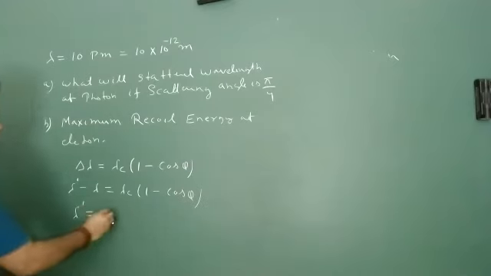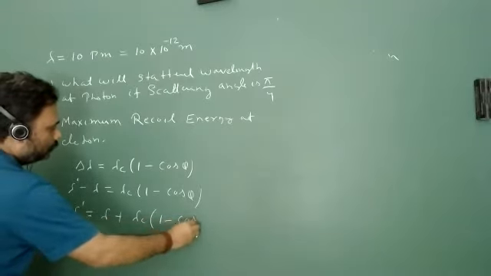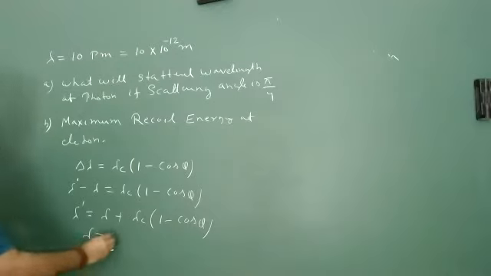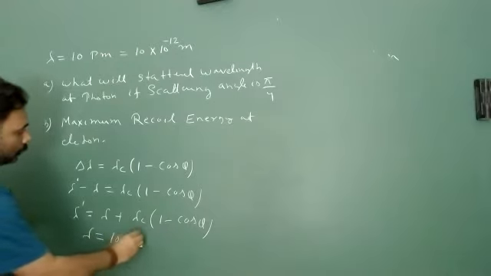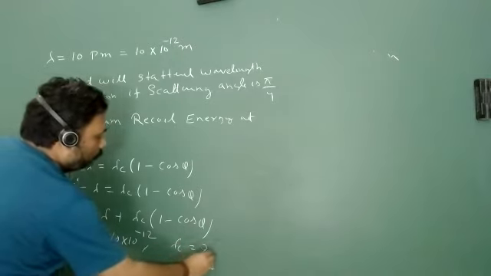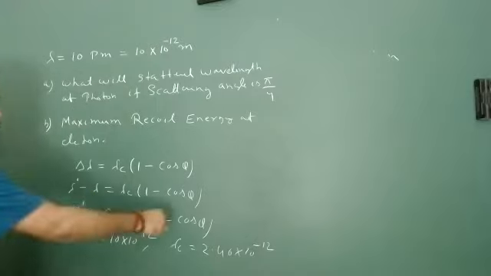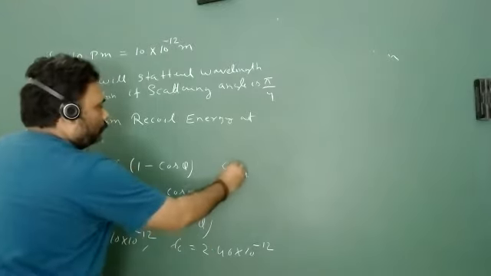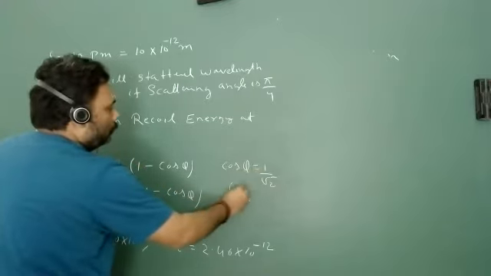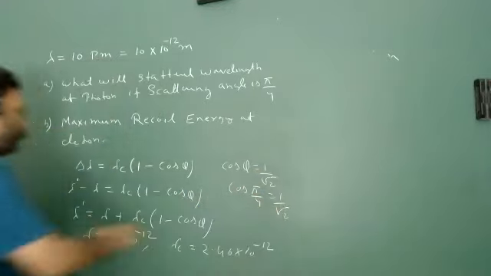So lambda dash is equal to lambda plus lambda c times 1 minus cos phi. Put the value lambda is equal to 10 into 10 to the power minus 12, lambda c is equal to 2.46 into 10 to the power minus 12, and cos phi, cos pi by 4, is equal to 1 upon root 2.